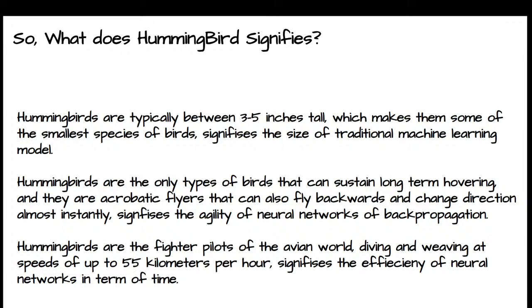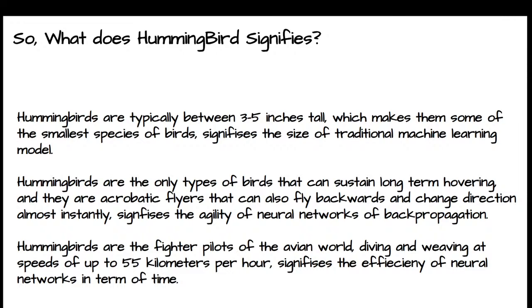Then the third thing we have is that hummingbirds are the fighter pilots of the avian world, diving and weaving at a speed of 55 km per hour. That is too much for a 3 to 5 inch tall tiny bird. I think it's quite fast.